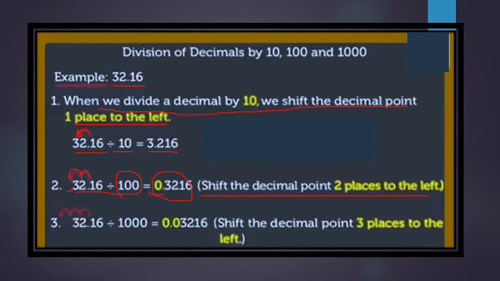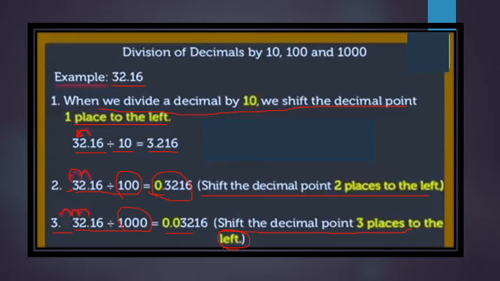Similarly, when we divide 32.16 by 1000, we shift the decimal point three places to the left, like this: 1, 2 and 3. But here, as there were not enough digits to the left, we have inserted two zeros in those places.